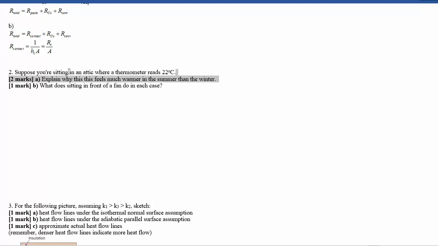And if you're in an attic where the house is kind of in contact with the outside through not that thick of walls, and all the walls are in contact with the outside basically, like the ceiling walls, everything except the floor pretty much is going to be directly in contact with the outside, then you've got a lot of surfaces outside of the room that are going to be much colder in the winter than they are in the summer.